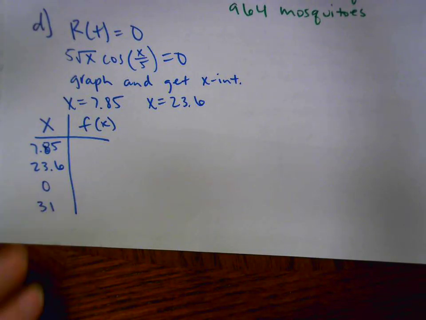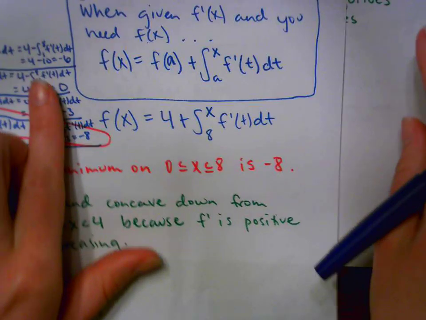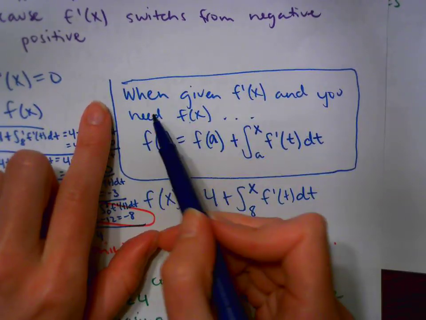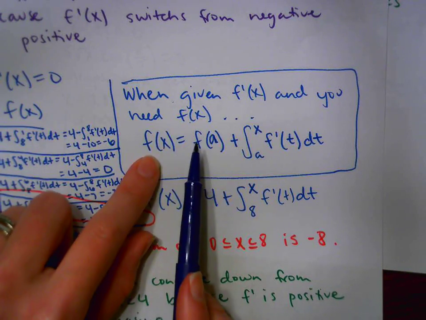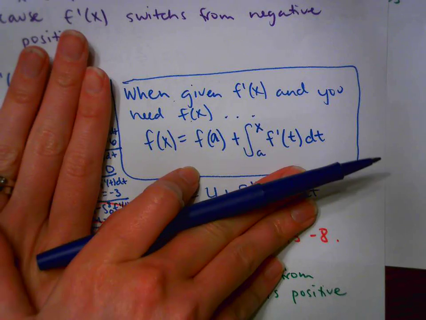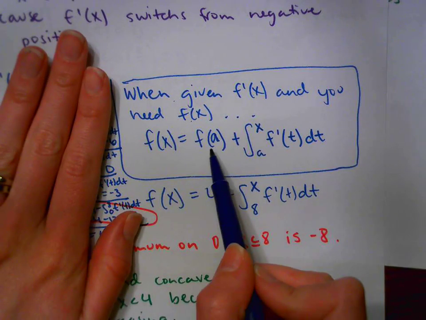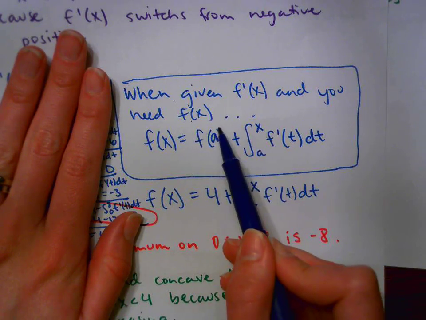I'm kind of going out of order, because I actually did another pre-response before this one, and I wrote this down on another video, which you'll get to. But when given f prime and you need f of x, you have to integrate the derivative, but then add that initial amount.